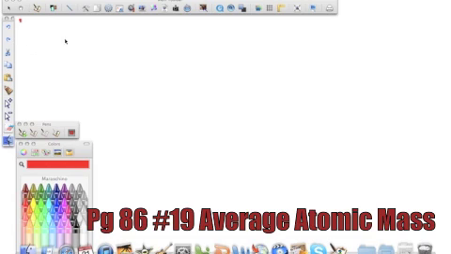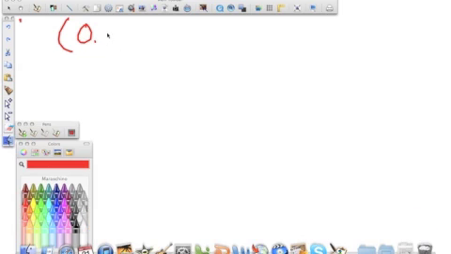It says that argon-36 occurs 0.337% of the time, which we know that in a decimal it occurs 0.00337.